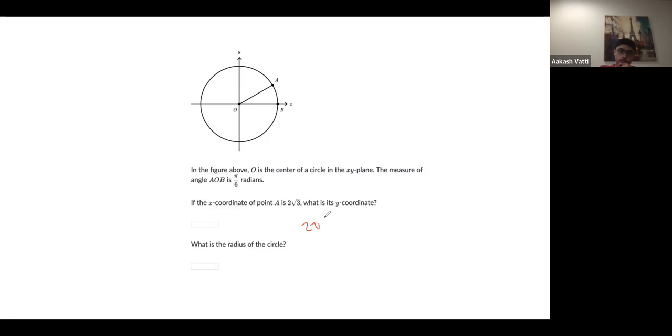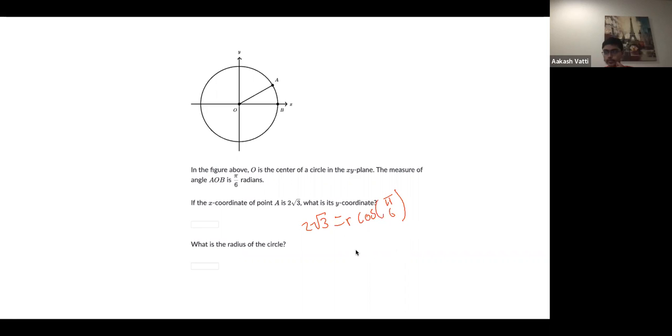So you have 2 square root 3 equals r cosine pi over 6. Again, this is a lot more complicated. You just need to know that since we know the x coordinate of the point right here, we could say it's r cosine theta.